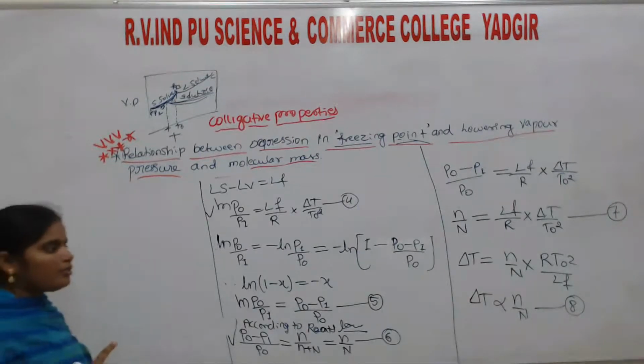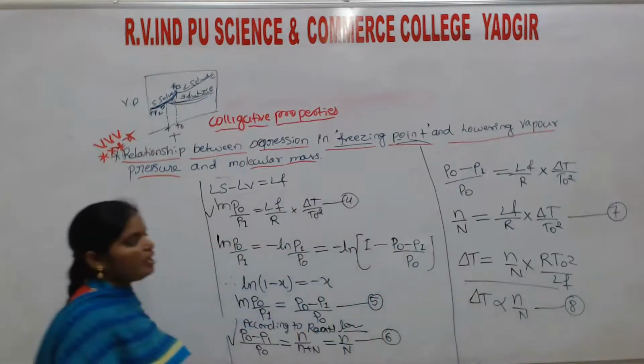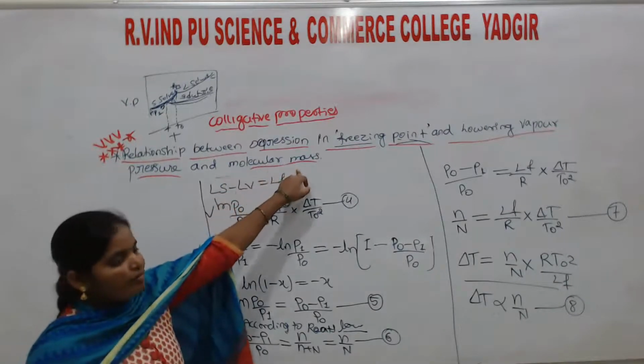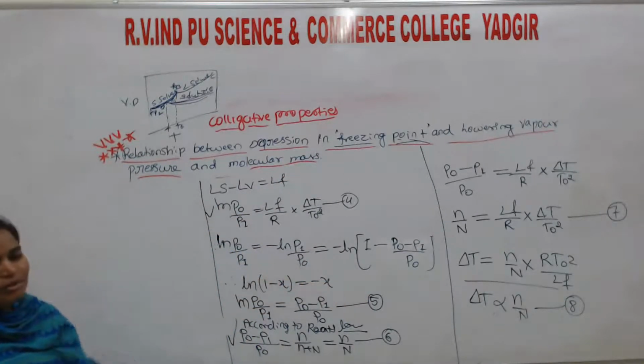Delta T is equal to n by N into R T naught square divided by LF. And here you substitute for finding the molecular mass. Here you are finding molecular mass. You take n, N, w1, w2, M1, M2.